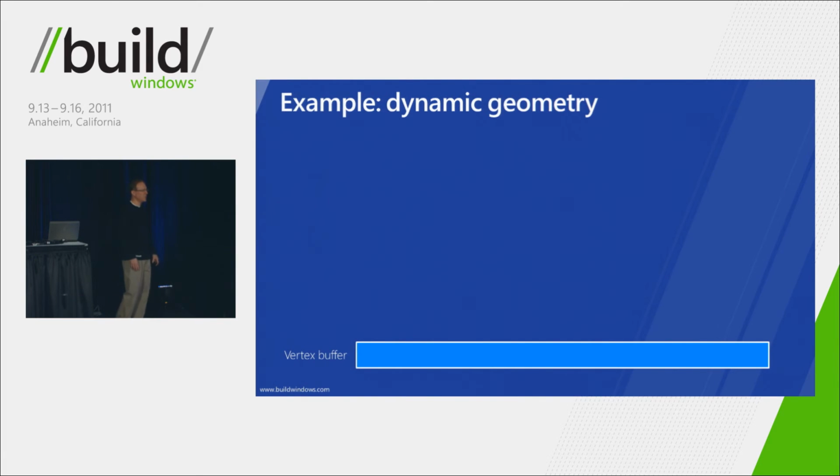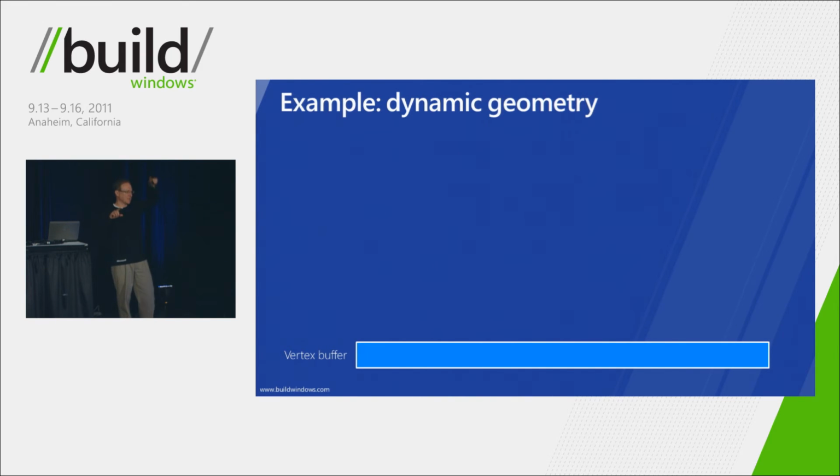So let me give you an example, and this dynamic geometry example is actually also available on Windows 7. So this is not new capability, but the extension of that to 2D textures is. So let's think of an example where, let's say I'm in a game and I've got a window which I'm going to represent as two triangles, right?